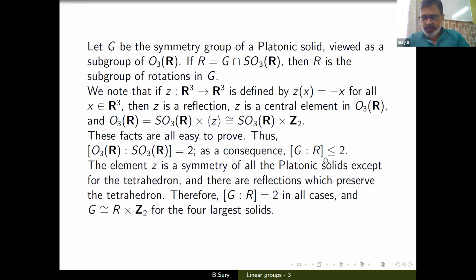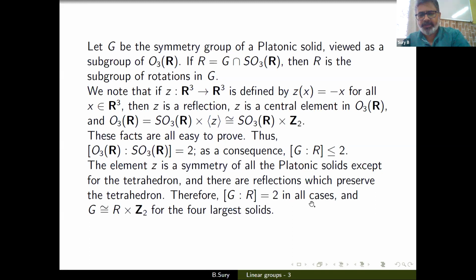So the index of G intersect SO3 in G is also at most 2, because G intersect SO3 is the rotation group, and the index of G intersect SO3 in G is less than or equal to the index of SO3 in O3. The element Z is a symmetry of all the Platonic solids, the central one, except for the tetrahedron, and there are reflections which preserve the tetrahedron. Therefore, the index is at most 2, and in most cases it is 2. But for the tetrahedron, it is 1.